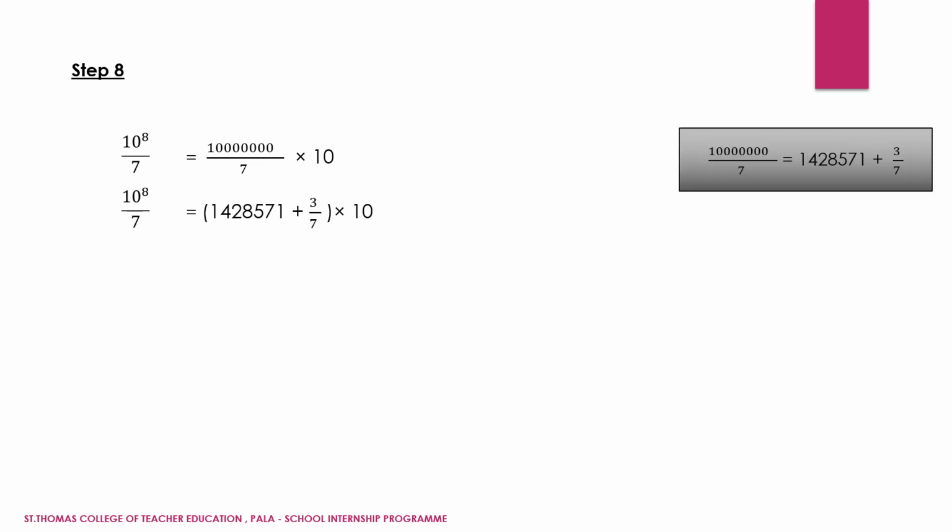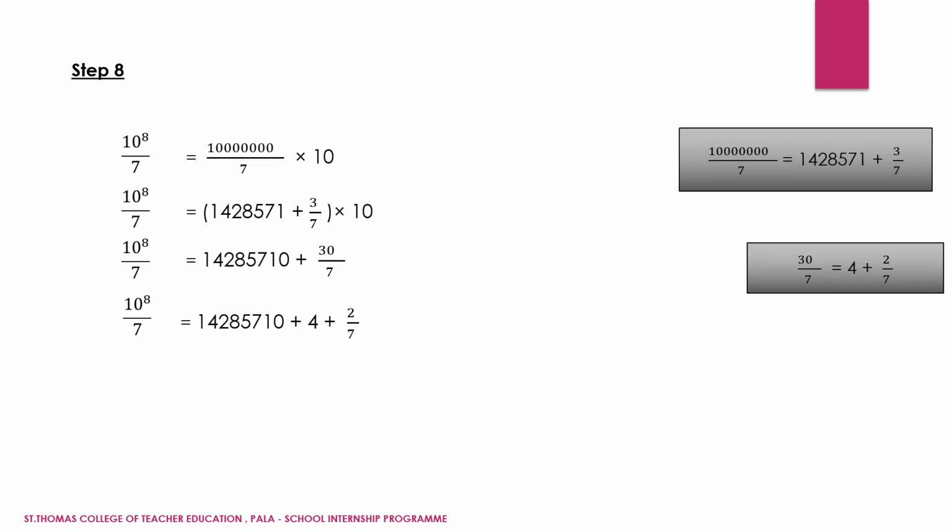Now let's go through step 8 very quickly. Considering 10 raised to 8 by 7, splitting it in terms of 10. Then we are replacing the first fraction with 14,28,571 plus 3 by 7, which we got from the previous step. Now we are applying distributive property and we get the answer like this. Now we are concentrating on 30 by 7 and on dividing we get 4 plus 2 by 7, as you can see.